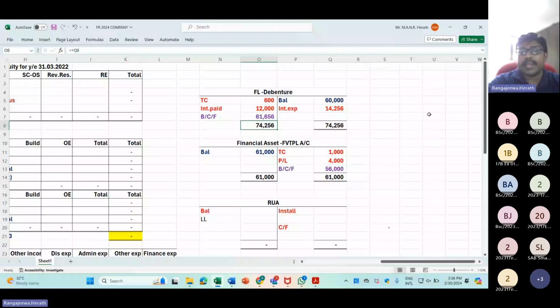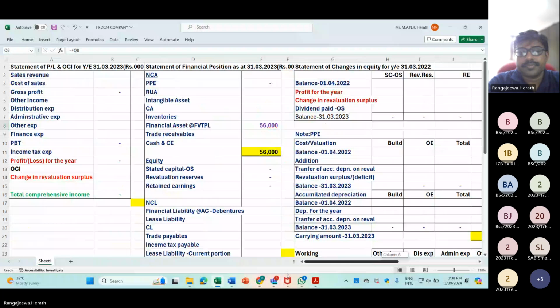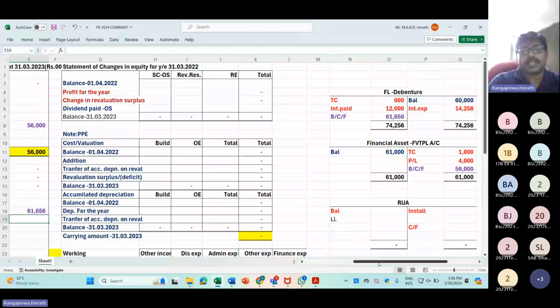So you can take it as financial liability debenture, $61,656.